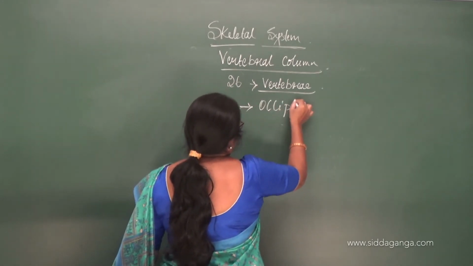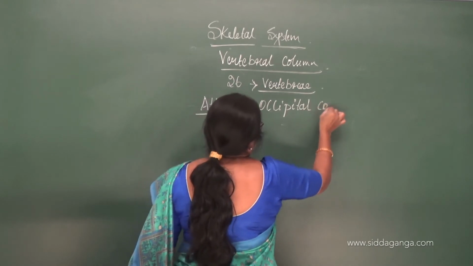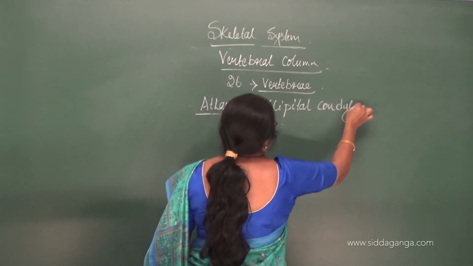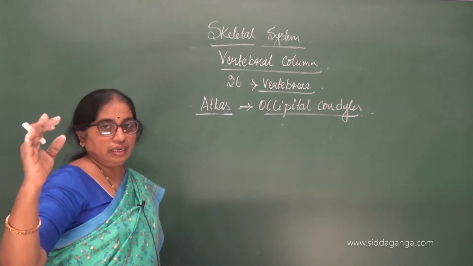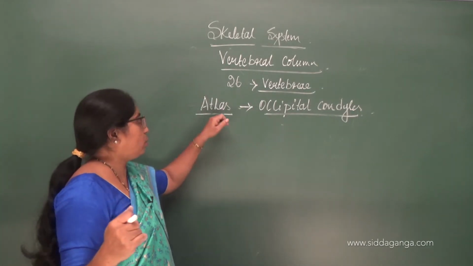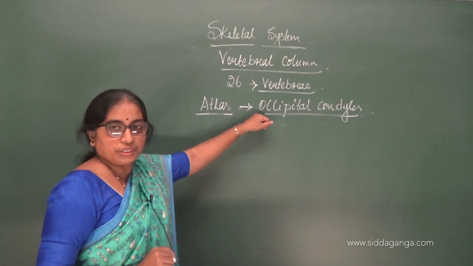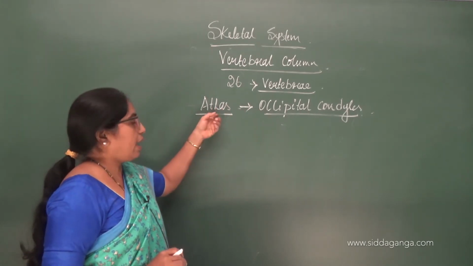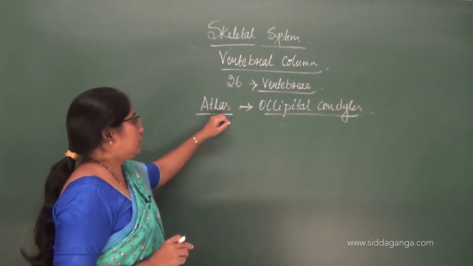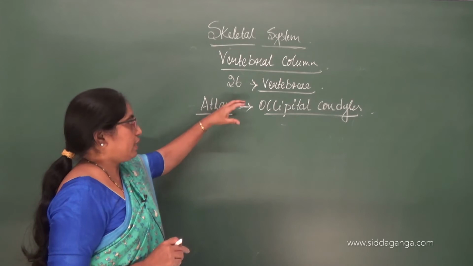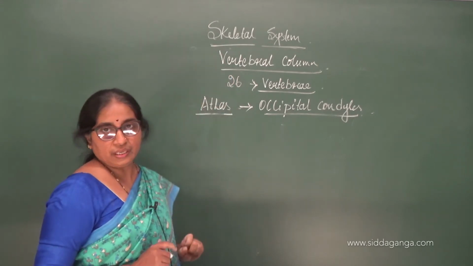With the help of occipital condyles, it articulates or attaches. The skull attaches to the vertebral column with the help of the occipital condyles and atlas, so that the vertebral column is connected with the skull.